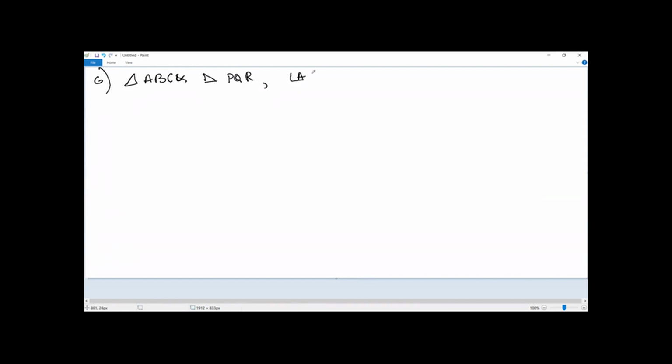Angle A equals 30 degrees. Angle B equals 70 degrees. Angle P equals 70 degrees. Angle Q equals 80 degrees. AB equals RP. Then which of the options is correct?